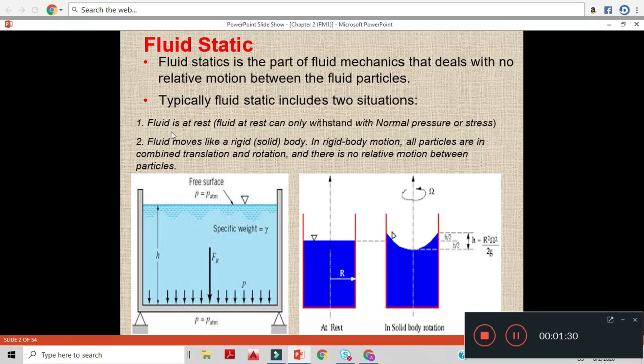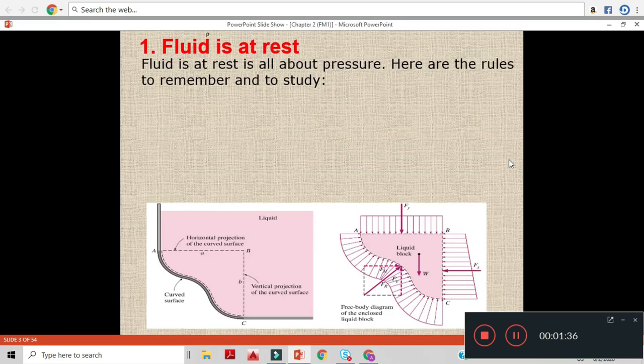So first of all, we will discuss in detail the fluid at rest. So let's move on to the fluid at rest. The fluid at rest is all about pressure. So here are the rules to remember and to study.